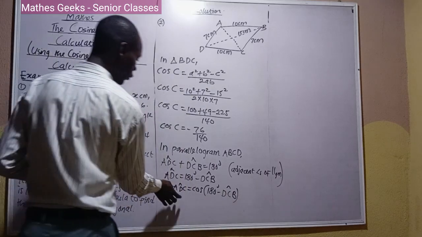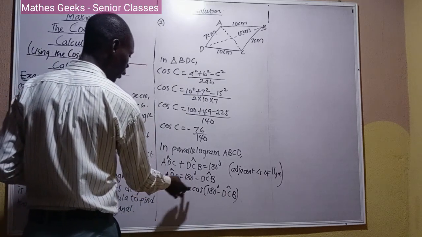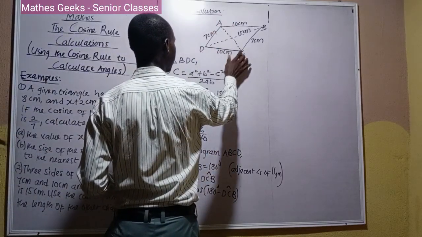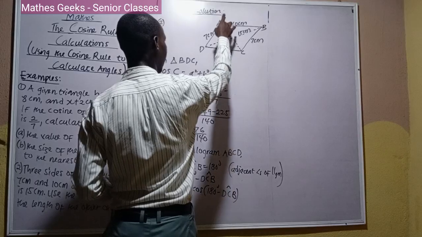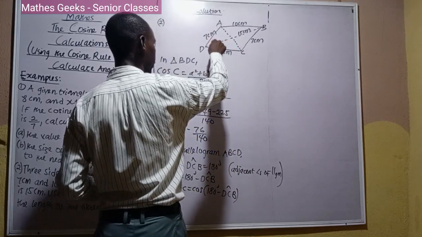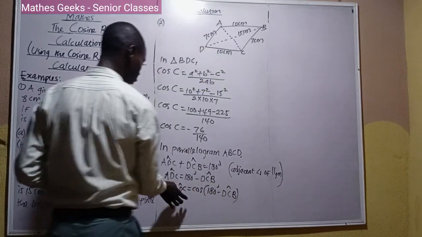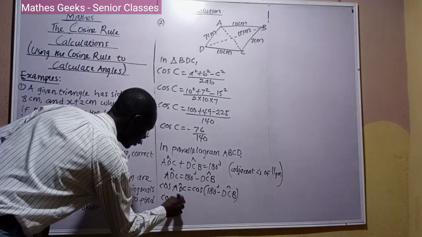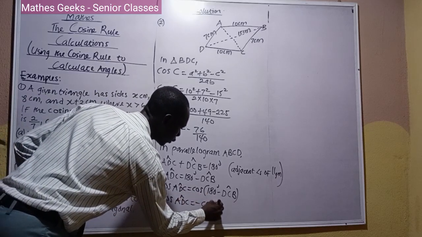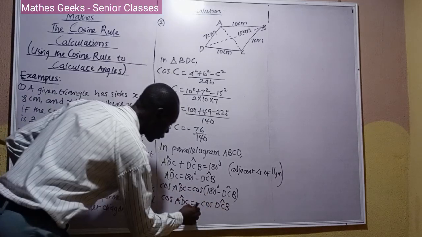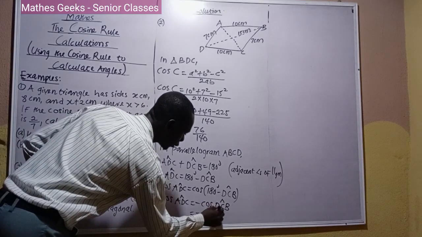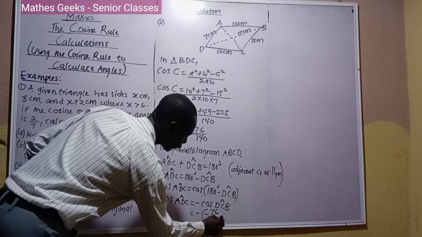Why do we need to get the cosine of angle ADC? Because we're going to use triangle ADC to get this diagonal. Why? Because these two sides are given and we need an included angle, this included angle. So this is why we got to this one. So cos angle ADC is equal to minus cos angle DCB, which is already minus 76 over 140.